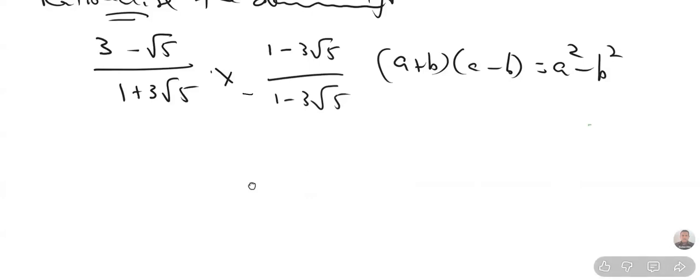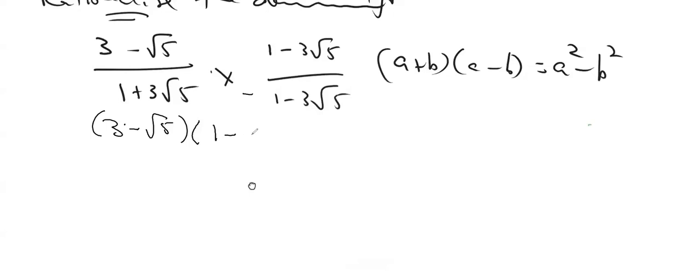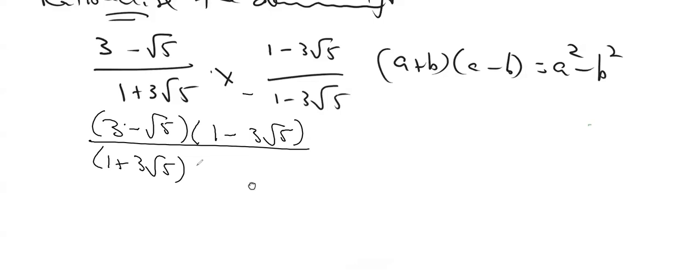I just want to interject there to actually work out the numerator. So basically what you're having is this. You're going to have 3 minus root 5 times 1 minus 3 root 5, all over 1 plus 3 root 5 times 1 minus 3 root 5.